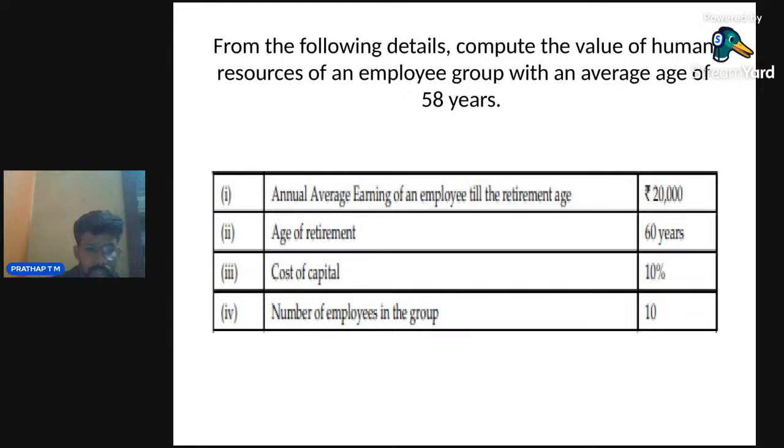So let's have different discounting factors. Just assume that in your exam, if they give you different discount factors, what do we have to do? Let's take an example. They have given you around 18 years. Just assume that for calculation purposes.